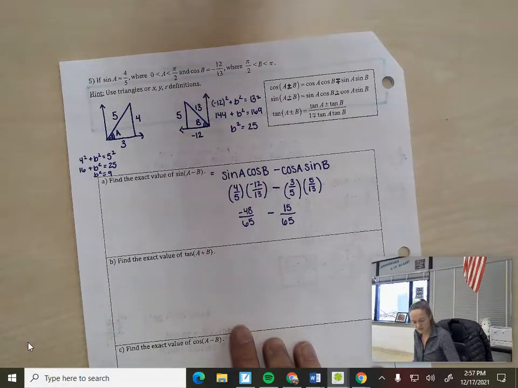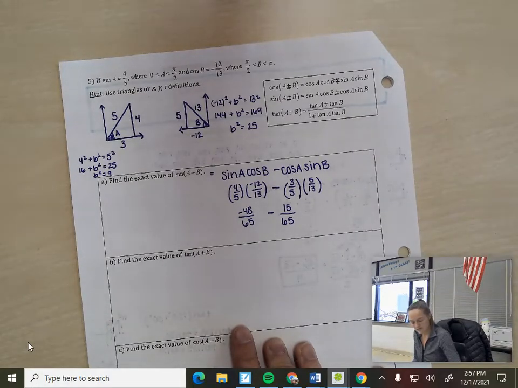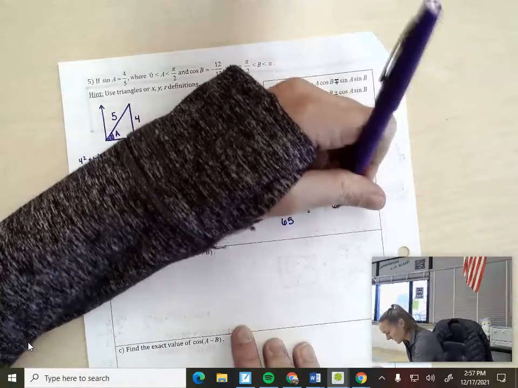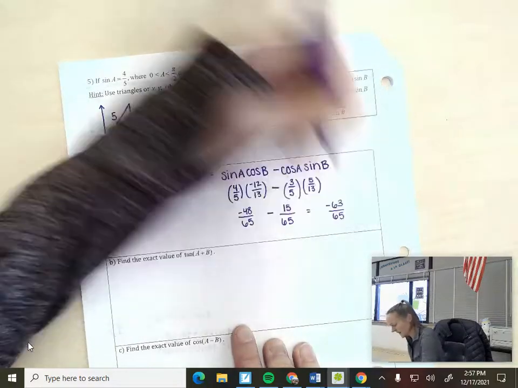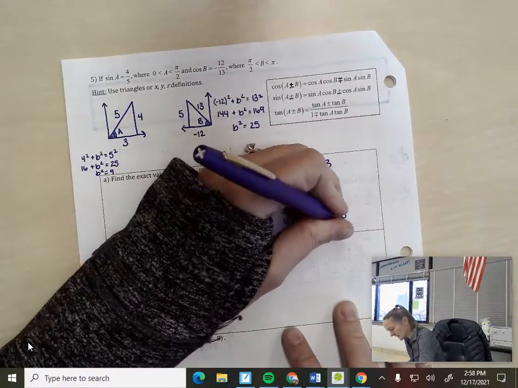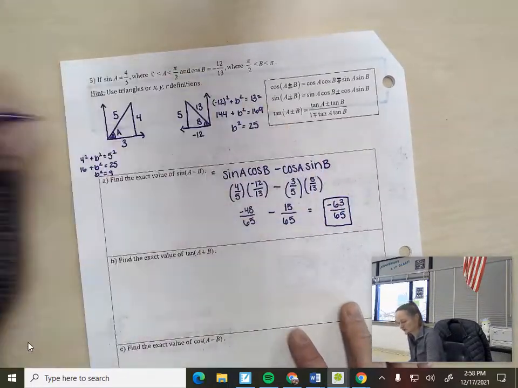Negative 48 minus 15 equals negative 63 over 65. And that's done. If I could simplify that, I would, but I don't think I can. So the exact value is negative 63 over 65.